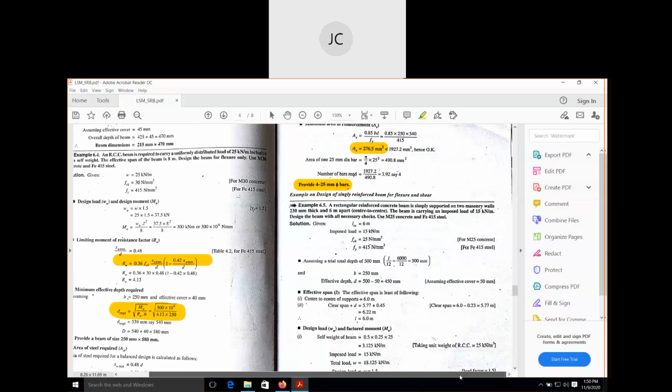Now, hope all of you understood this problem. This is a very simple problem actually. Hope you have understood the problem. Is it?